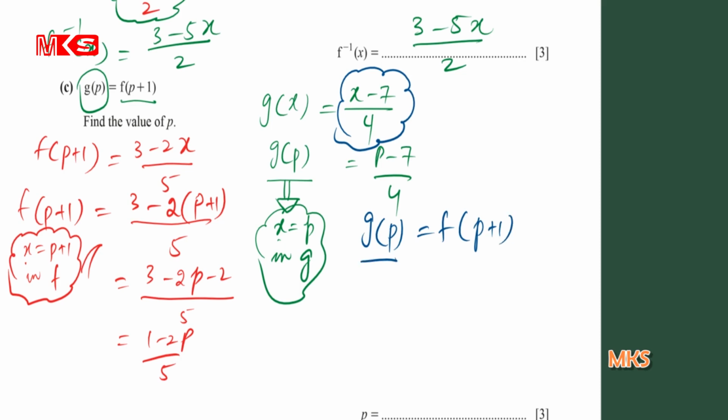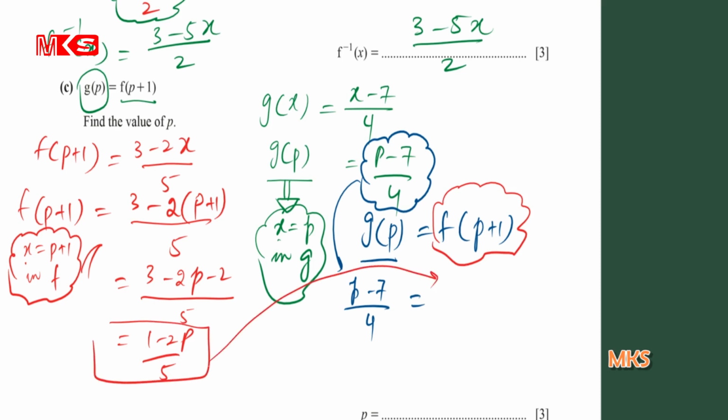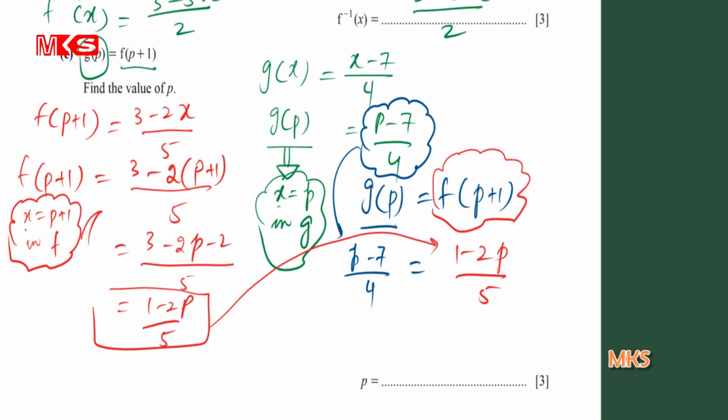तो g of p हमारे पास ये है, this is g of p. तो यहाँ पे हमारे पास आ जाएगा p minus 7 over 4 and that is equal to f of p plus 1. f of p plus 1 कौन सा है, वो हमारे पास अभी हमने निकाला था ये वाला. तो यहाँ पे वो आ जाएगा, that will be 1 minus 2p over 5. We will cross multiply, तो ये आ गया 5 times p minus 7 is equal to 4 times 1 minus 2p.